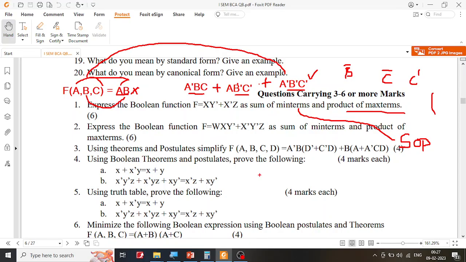That is called as maxterm. So we have one term called as minterm, other one called as maxterm. What is maxterm? Maxterm is you have all the three variables. So you have a plus b plus c. This is one term.